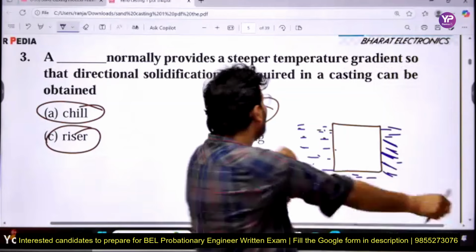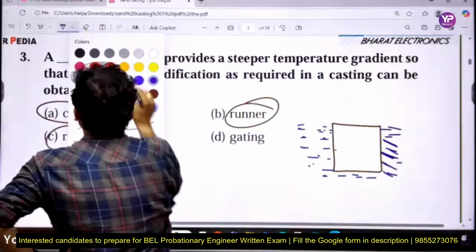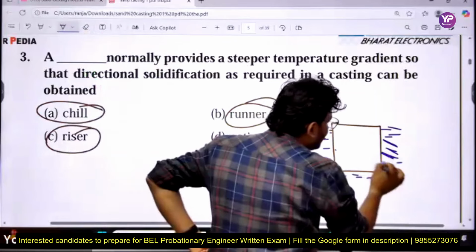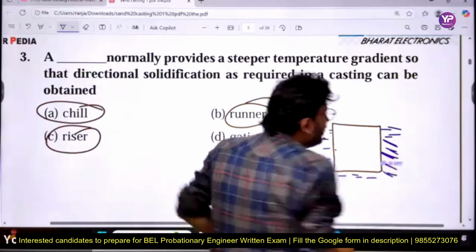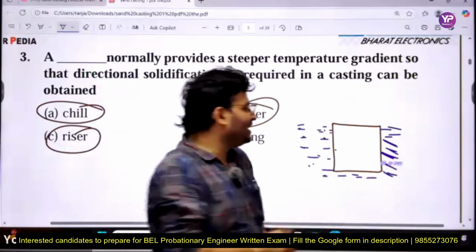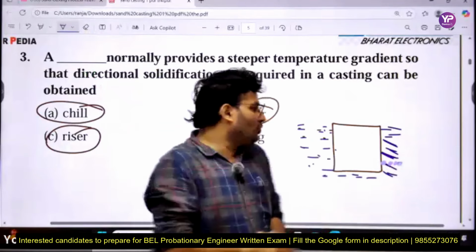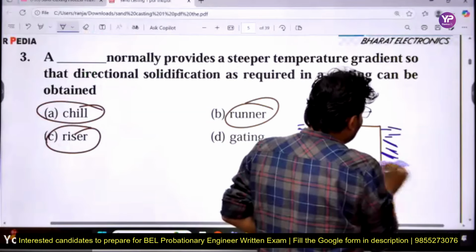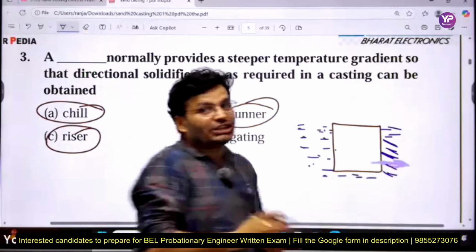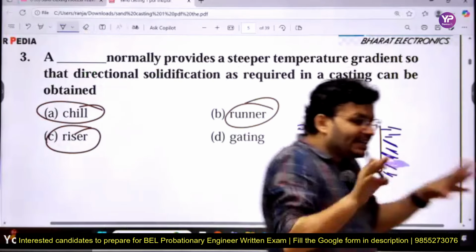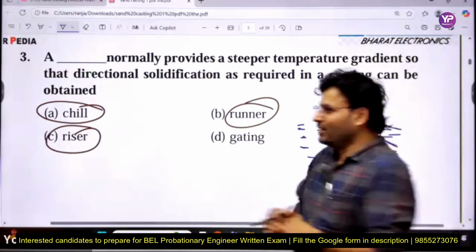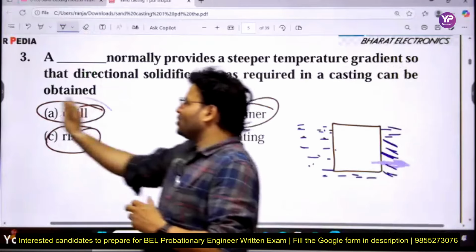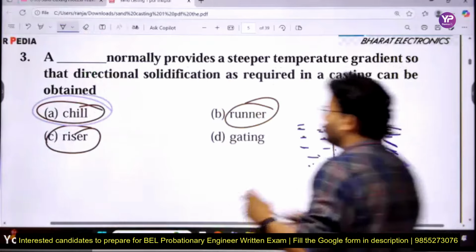So what I am going to do, I will put some metal particles there, and my dear friends, metal has higher thermal conductivity than sand, so it will allow faster solidification in that direction. So by providing chills, I get directional solidification, which starts from that point. That's why it is called directional solidification. So a chill is provided for directional solidification.